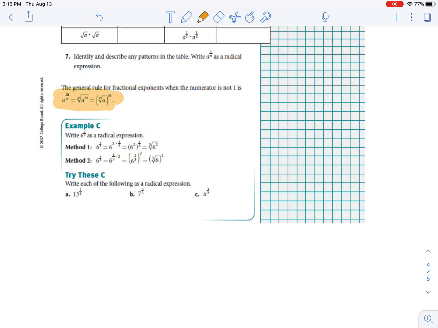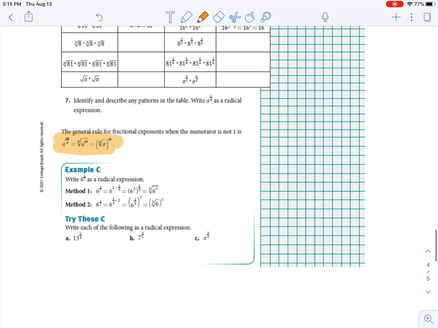So we've got a rule for looking at expressions that have exponents, but those exponents are fractions. So if you look, you'll notice that if a is to the m over n power, the m is the power of a, and the n is the root of a.